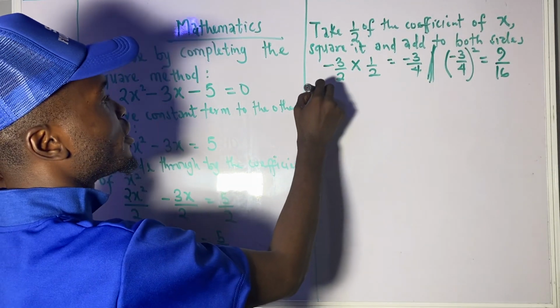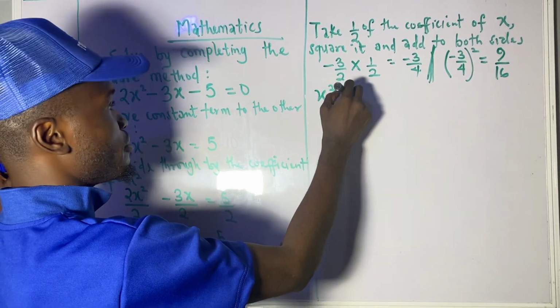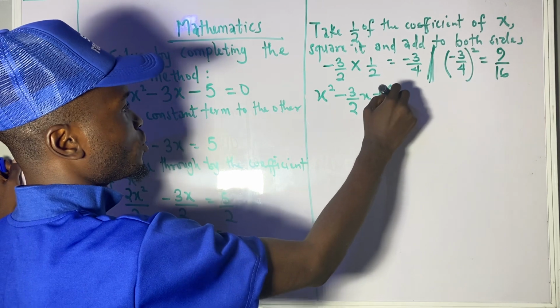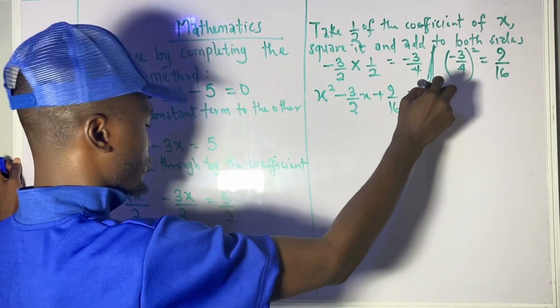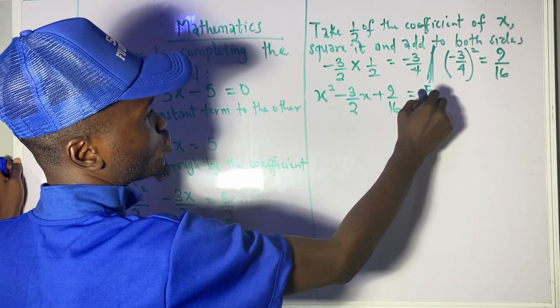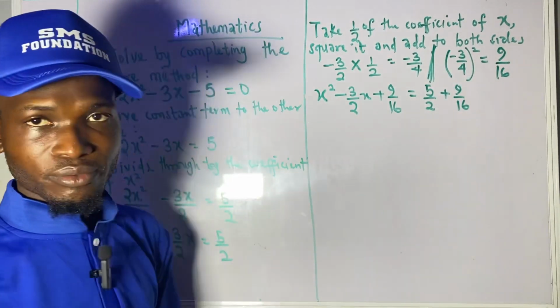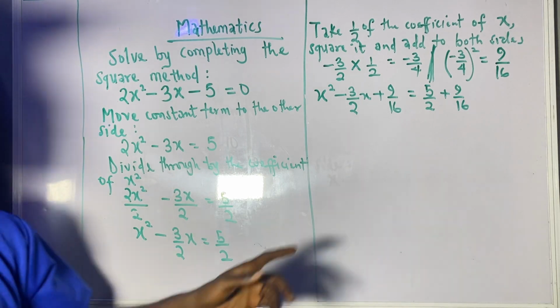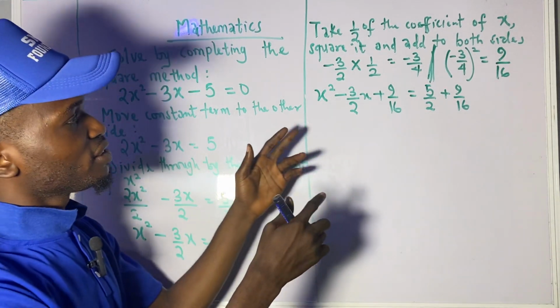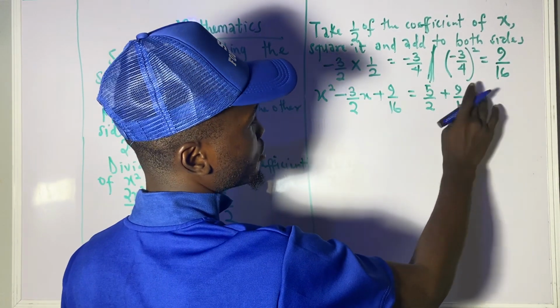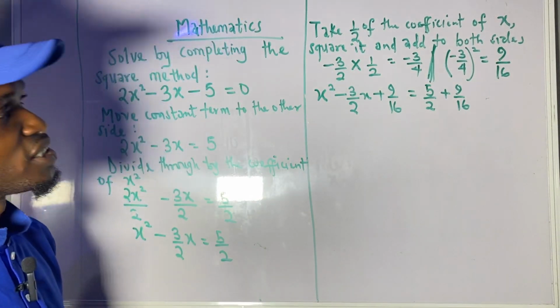So we have x squared minus 3 over 2x plus 9 over 16 equal to 5 over 2 plus 9 over 16. We do the LCM in the next step.